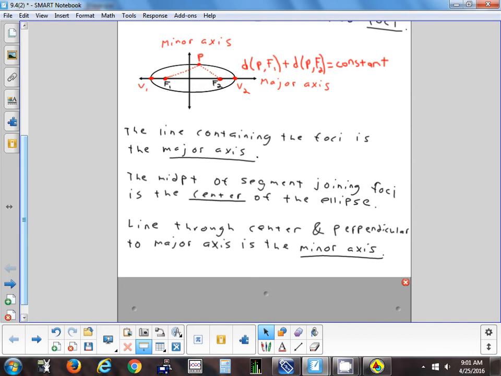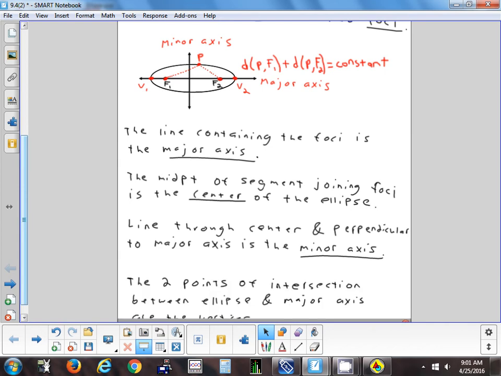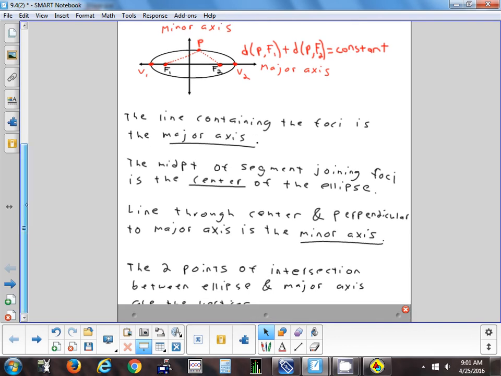But this word also starts with the same two letters vector starts with. No, not velocity, it's a good guess. That's a VE word. Vertices. Vertices, yeah. And vertices is the plural of vertex. So the point where your ellipse crosses the major axis, those are your vertices.